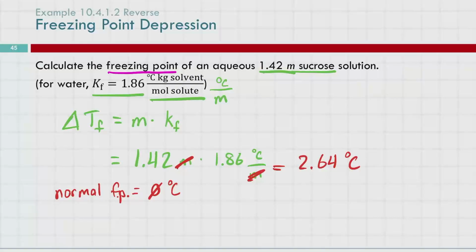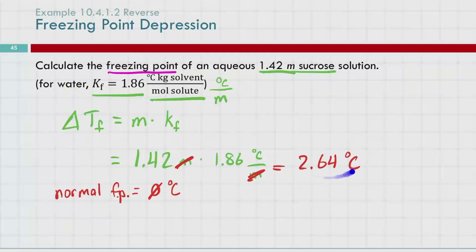What's the property that we're exploring called? It's not an English class, but I still believe that we can read. Freezing point depression. What is depression? Lowering, right? So if it's freezing point depression, we expect our freezing point to go lower.